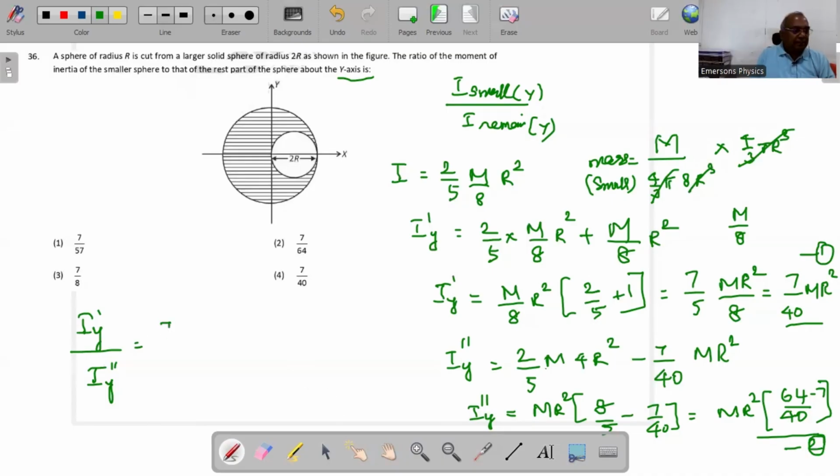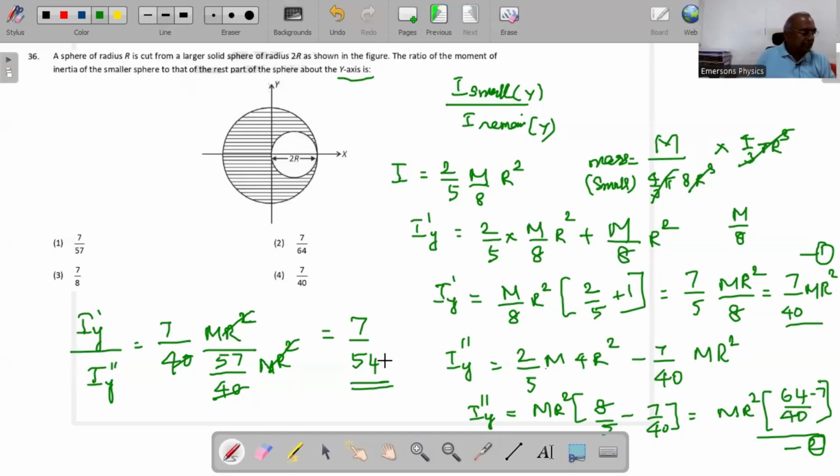So 7/40 mr² divided by 57/40 mr², since 64 minus 7 is 57. So mr² cancels, 40 gets cancelled, and the answer becomes 7/57.